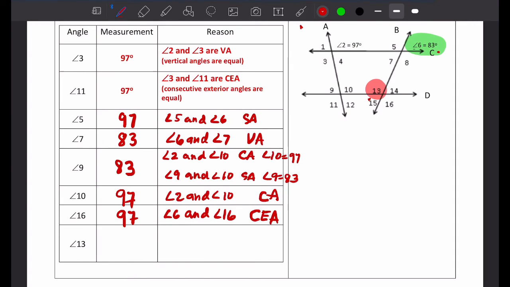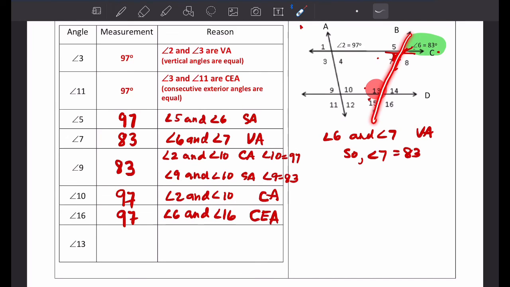Again, there are several ways. First, we can say that angle 6 is a vertical angle to angle 7. Okay? See, there's the X-Men. So, that means angle 6 and angle 7 are vertical angles. So, angle 7 is equal to 83. Okay? Then, let's look at angle 7 and angle 13. They are on the same side of the transversal. This is the transversal line. So, angle 7 and 13 are on the same side.